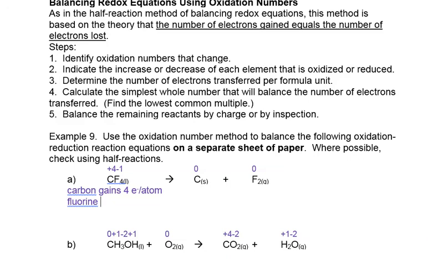And the fluorine loses, well, it's going from -1 to 0, so that's 1 electron per atom. Now this per atom part, we put it in there because it's going to be really important in some substances. So we have to decide which side of the equation we're looking at because the atoms aren't always equal. The carbon doesn't matter. We've got 1 atom on both sides. So we can say times 1 atom.